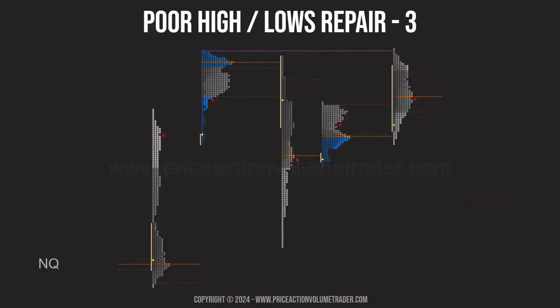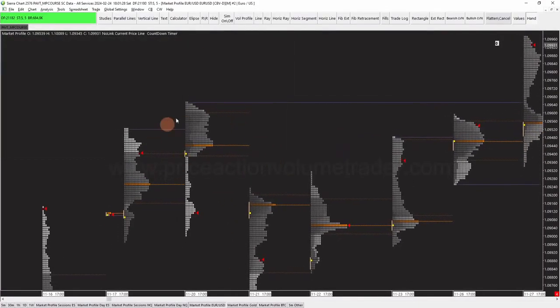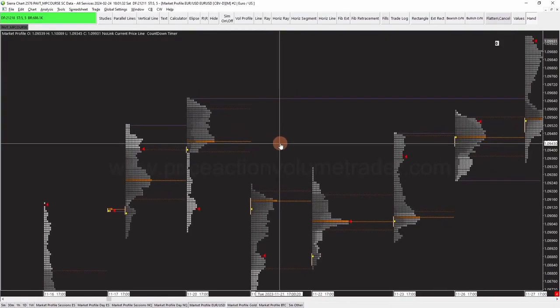Okay, so let's go into some charts and see some more examples of this. Here we can see some in the Euro US dollar chart in Forex. Now when a poor high or low is getting too crowded, it also indicates that markets can be extremely overbought or oversold, and they can be due for a short covering or a long liquidation.